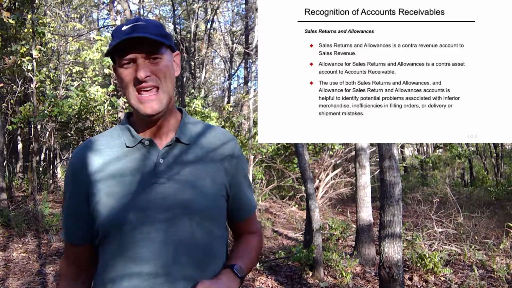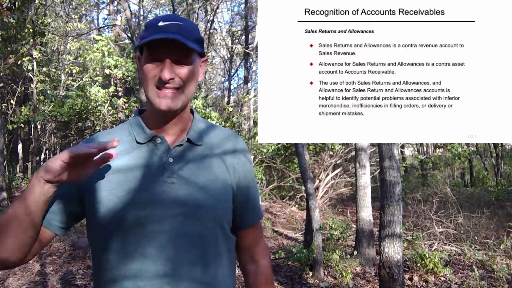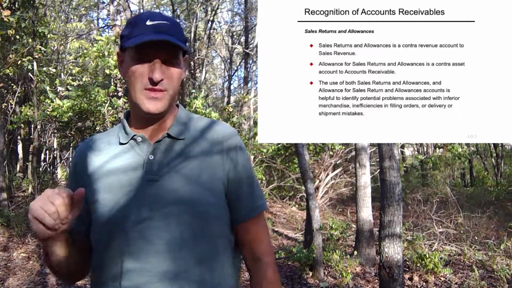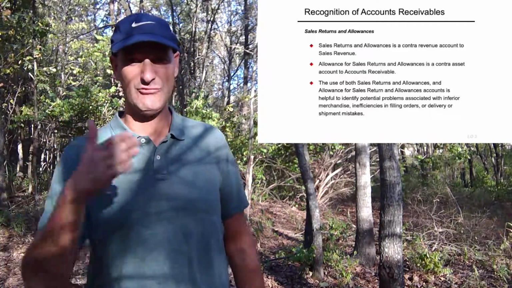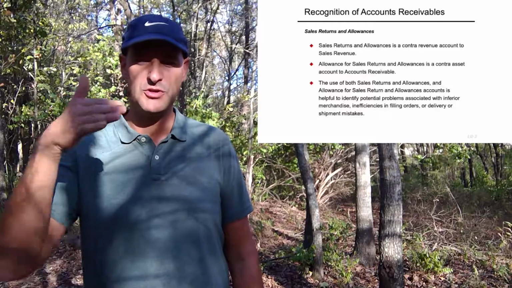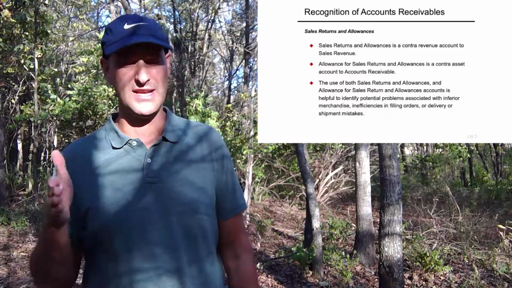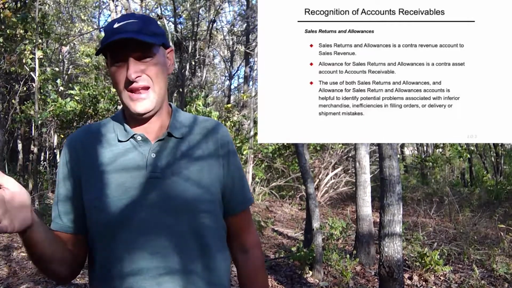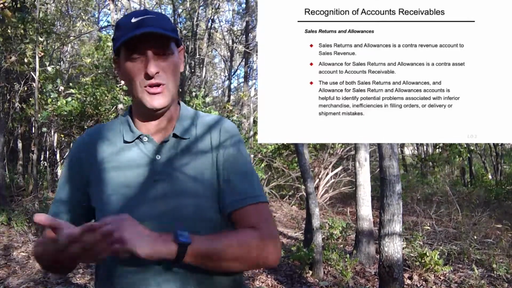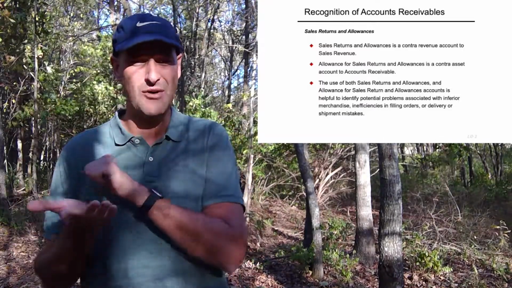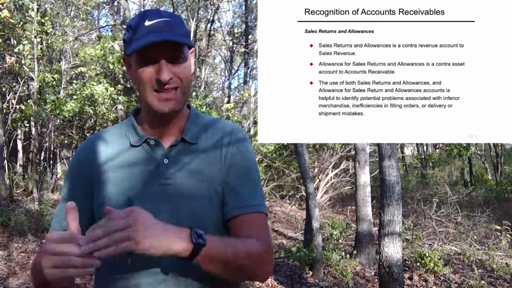Here's the idea. If I make a sale on account, there's a chance that sale, let's say, will get returned. Well, I need to essentially estimate the amount of sales that I'm going to have returned, and that's going to reduce my revenue. It's simultaneously going to reduce my receivables because those are sales I have sitting in receivables that I'm not actually going to get cash for, so they shouldn't be recorded as a receivable. I estimate the allowance for those sales returns and allowances, and I reduce the receivable by that allowance.